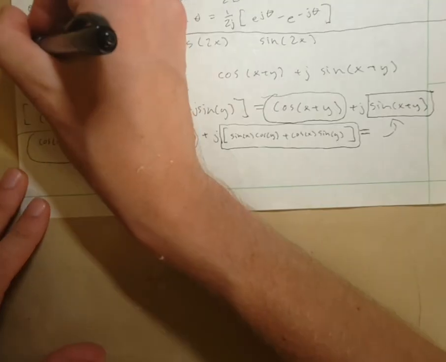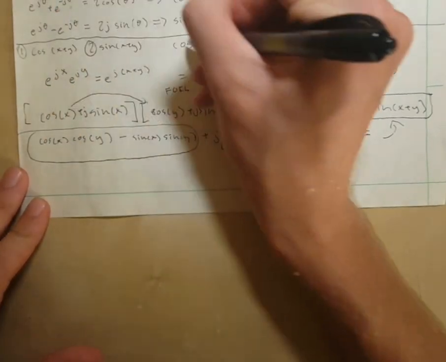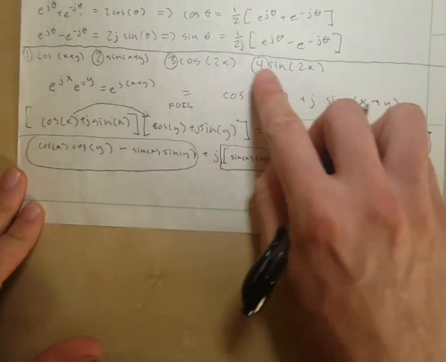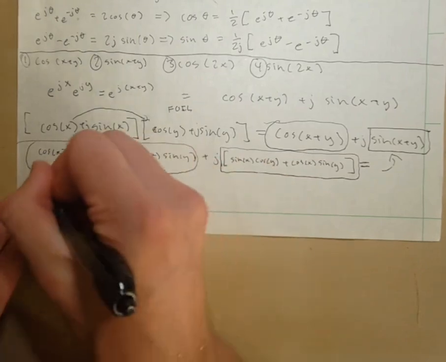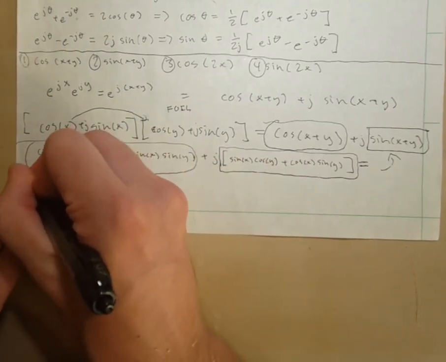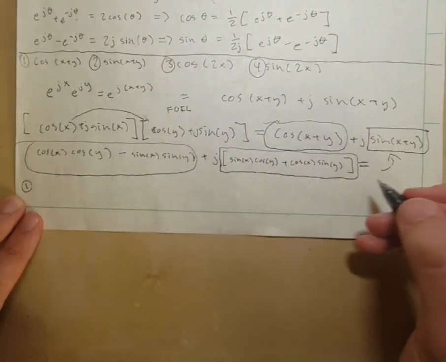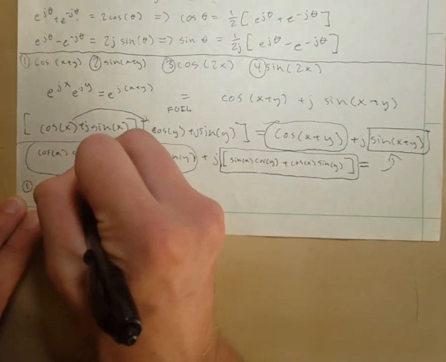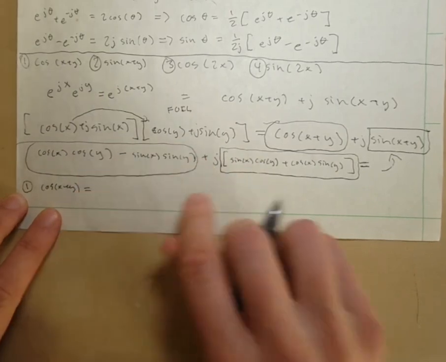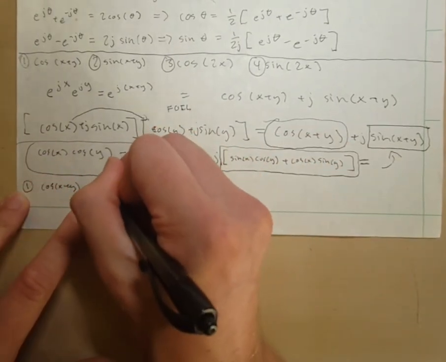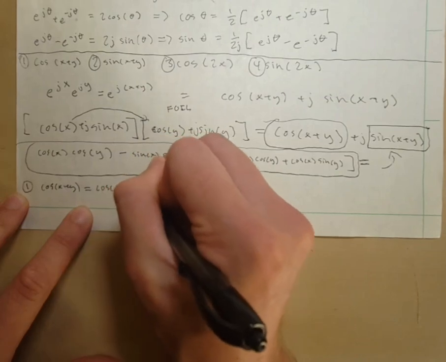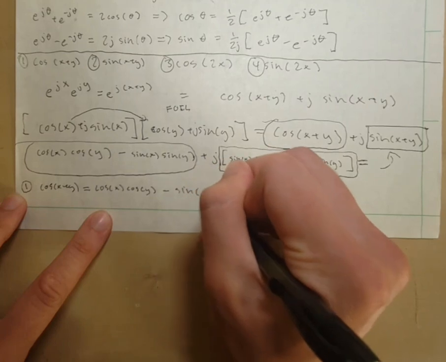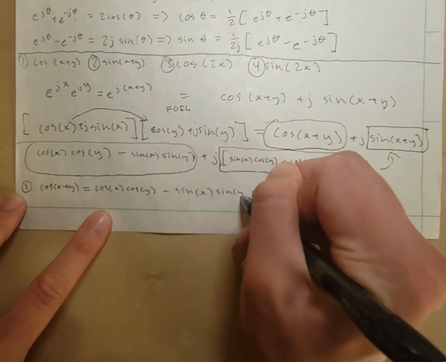What we were trying to prove here was 1, 2, 3, and 4, right? We were doing the sum of arguments and the double angles. So for 1, we get cosine(x+y), which is equal to this real term equivalency: cosine x cosine y minus sine x sine y.